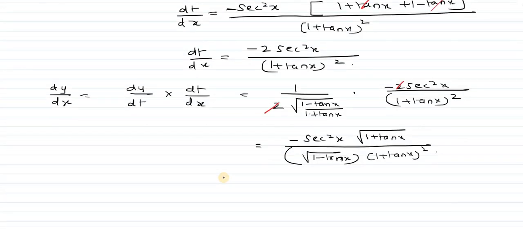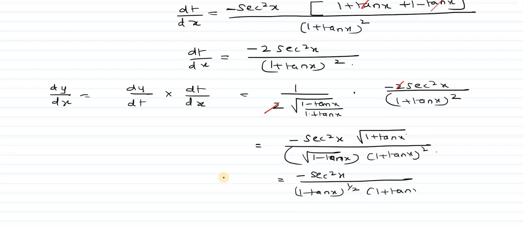So 1 plus tan x, how can you reduce? This is power 1 by 2, this is power 2. So 1 minus tan x, root I can write as power 1 by 2. Here 1 plus tan x, 2 minus half, what is it? 3 by 2.